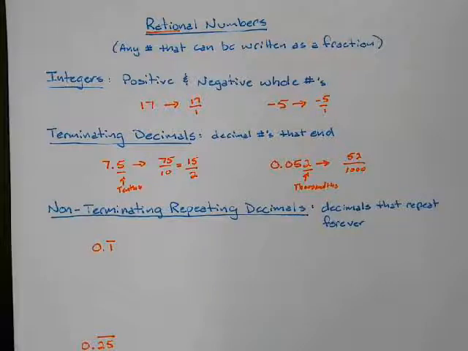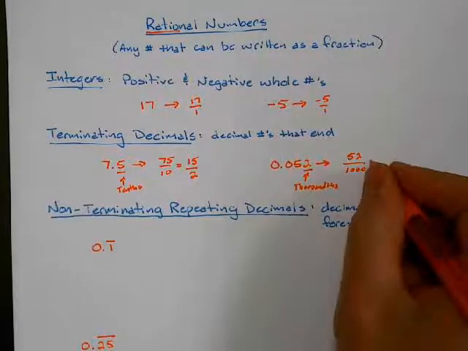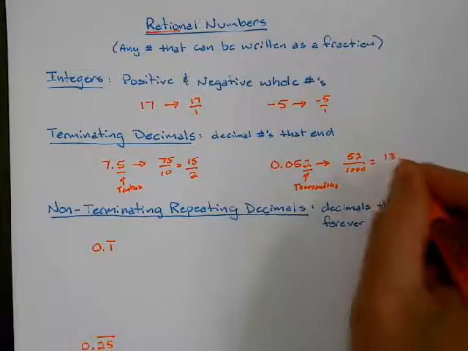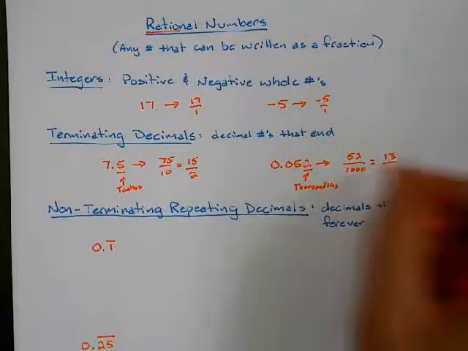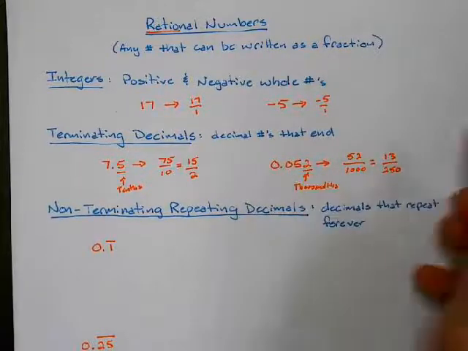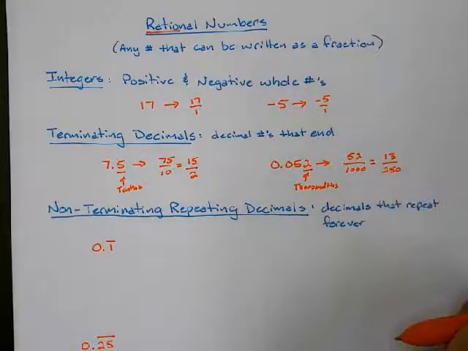And then let's see, 4 goes into both of those, I think. Yeah, 4 goes into 52 13 times, 4 times 13, yep. And 4 goes into 1,000 250 times. So 0.052 would be 13 over 250.